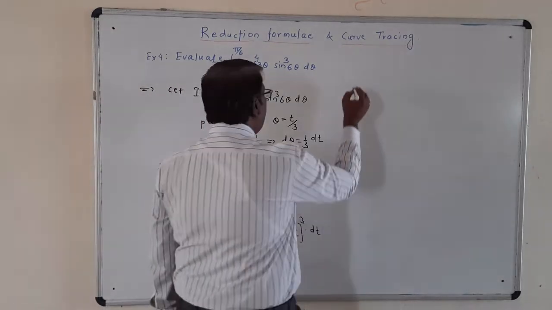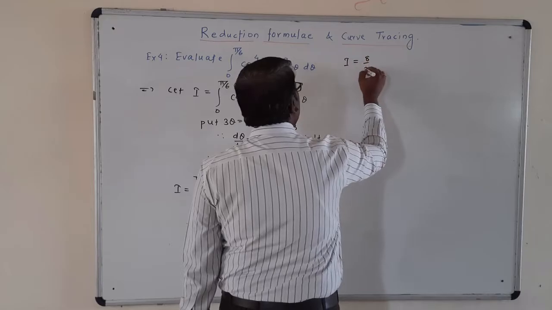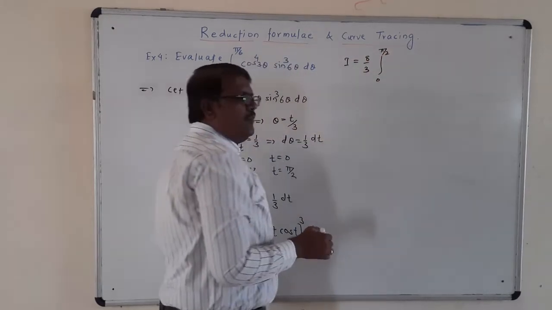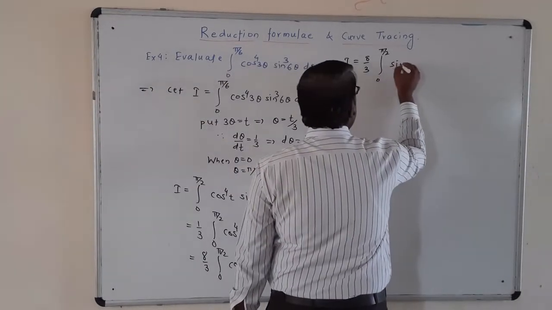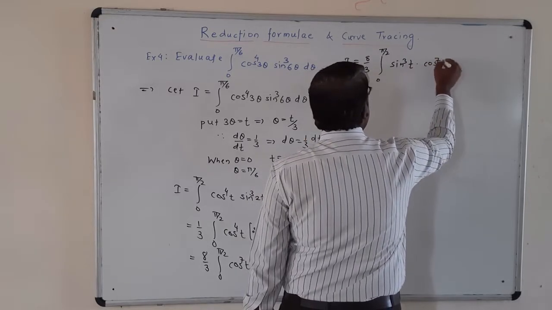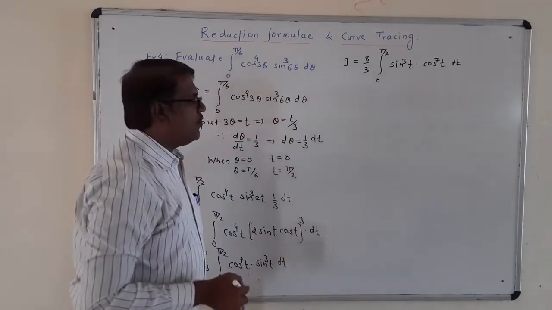This can be written as I is equal to 8 upon 3 integration 0 to pi by 2. First I will write the sine term, that is sin cube t into cos raised to 7t dt. Now to evaluate this integral we use Wallis formula.